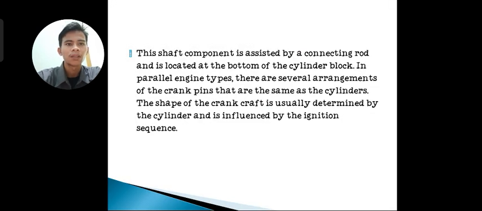The shaft component is assisted by a connecting rod and is located at the bottom of the cylinder block in parallel engine types. There are several arrangements of the crank pins that are the same as the cylinders. The shape of the crankshaft is usually determined by the cylinder and is influenced by the ignition sequence.